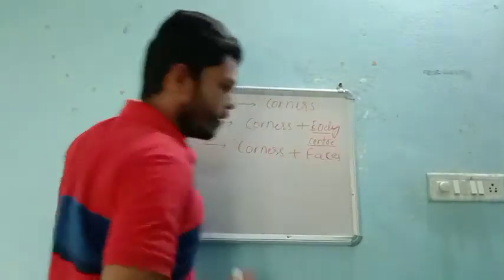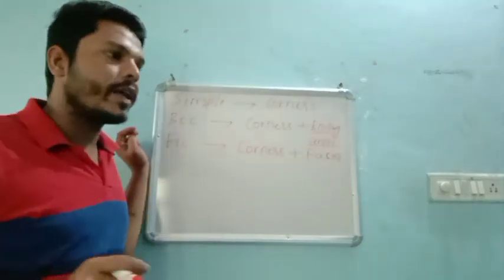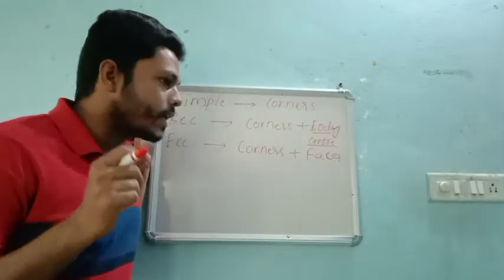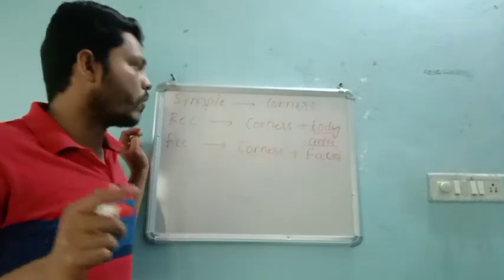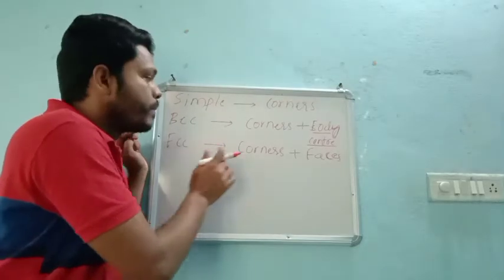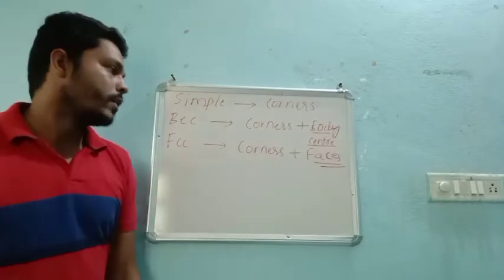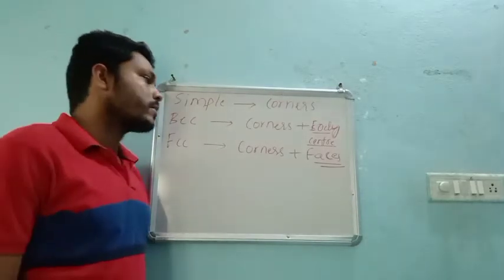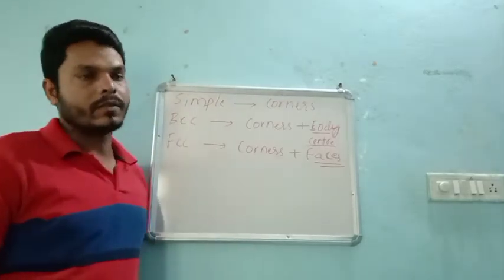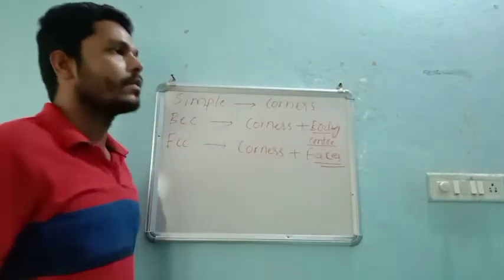In any single unit cell, the center will always be one only. And finally, if we see the FCC type of unit cell, then the faces will be very important. Here the number of faces will be 6.